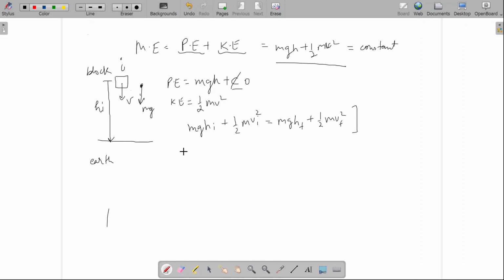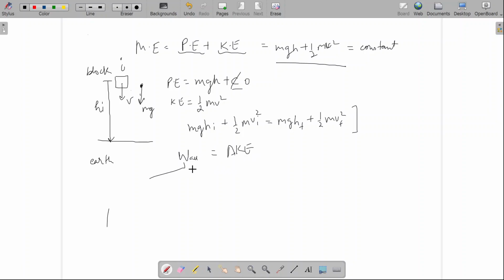The work energy theorem also says something like this. The work energy theorem says that the work done by all forces on a system is equal to the change in kinetic energy of the system.